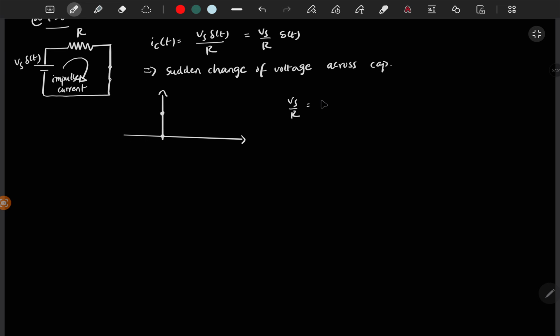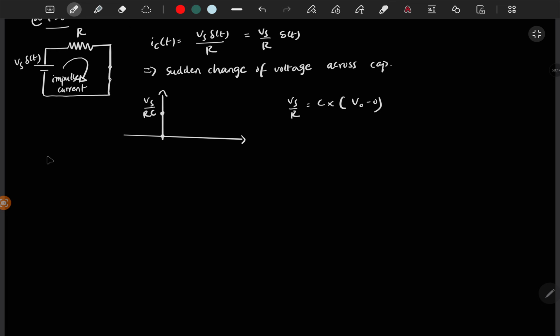So Vs by R should be equal to C times the change of voltage. Let's say this is some V0 and initially it is 0. So V0 you will get Vs by RC. I mean, it will go to Vs by RC.